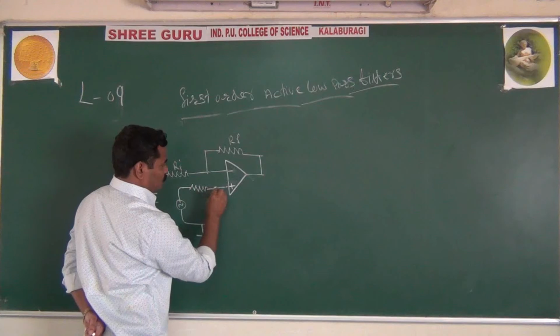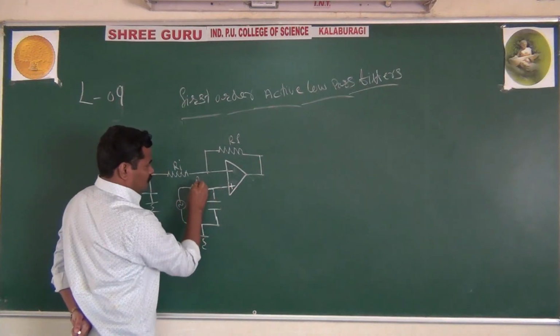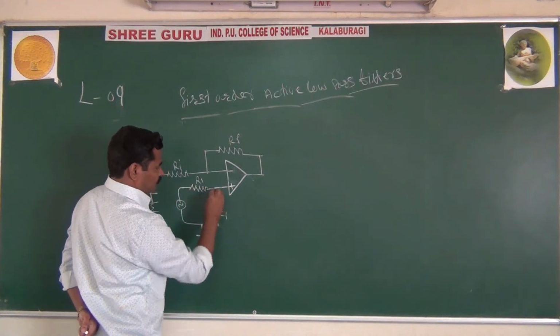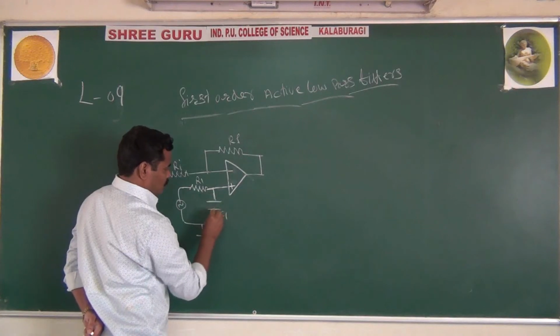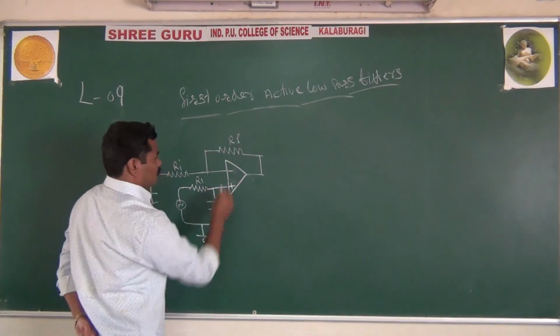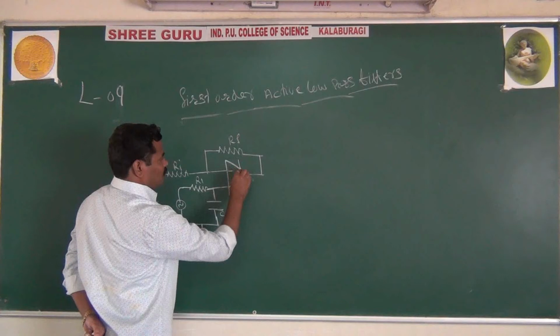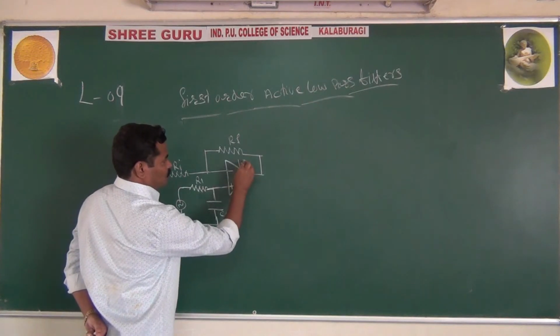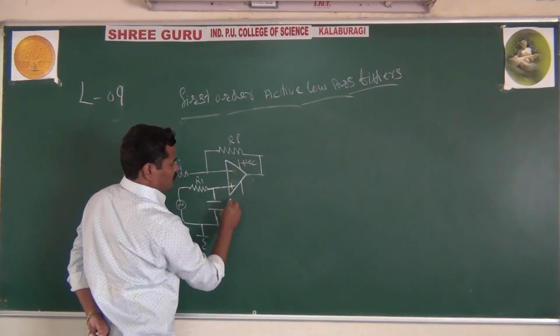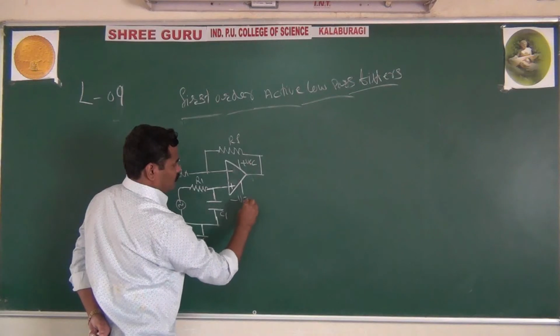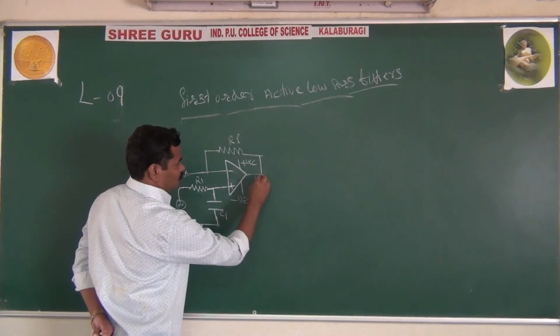This is R1, C1. As usual you have biasing voltages, positive VCC and negative VEE, and here is the output.